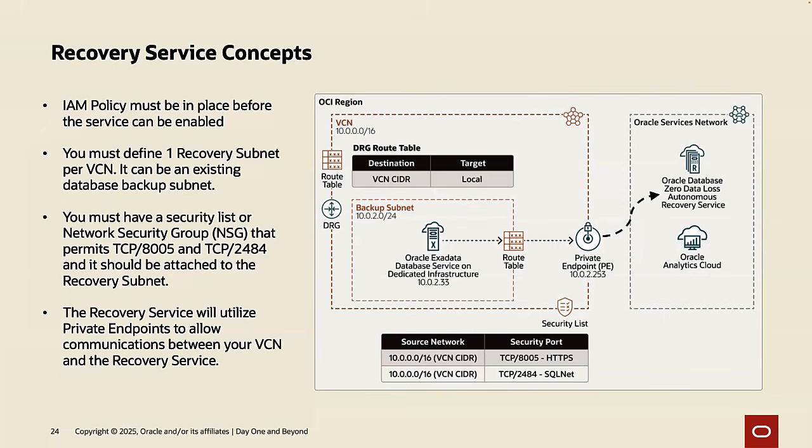You need to open up 2 TCP ports to allow the recovery service to communicate with the database and vice versa. And what will happen is we're actually deploying a private endpoint so that way your database is not communicating over any kind of public infrastructure. It's all private, going through your existing virtual cloud network and connecting into our managed fleet behind the scenes.